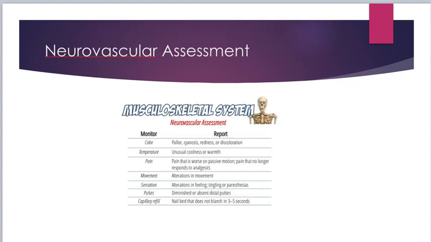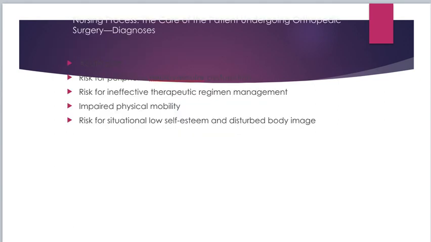And here's that neurovascular assessment back to haunt us again. That's why it's so important to know what goes into a neurovascular assessment and that we're doing a full assessment.